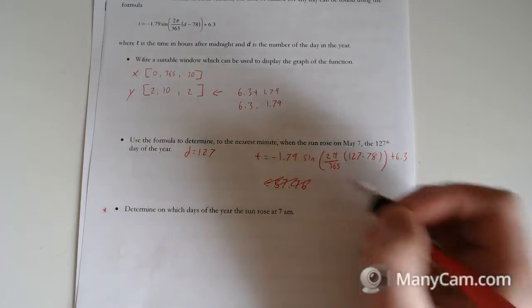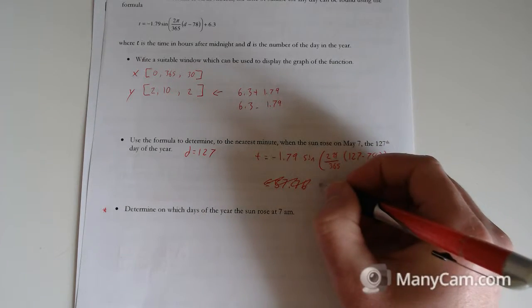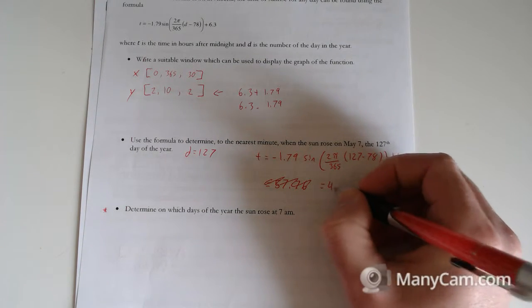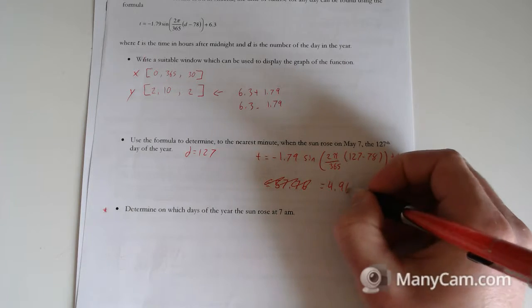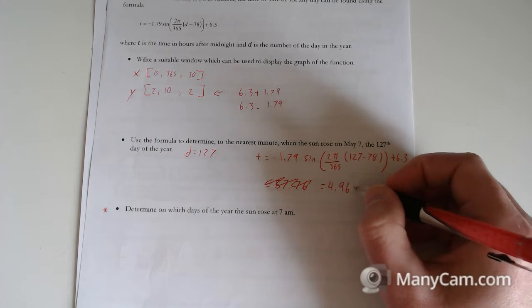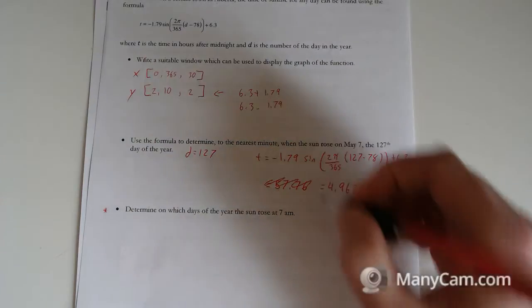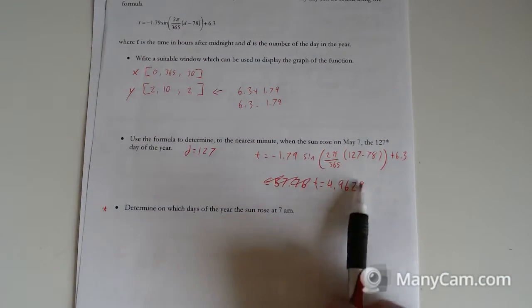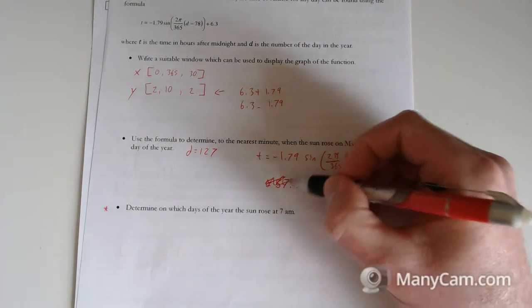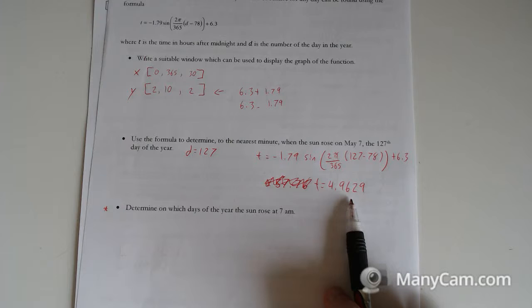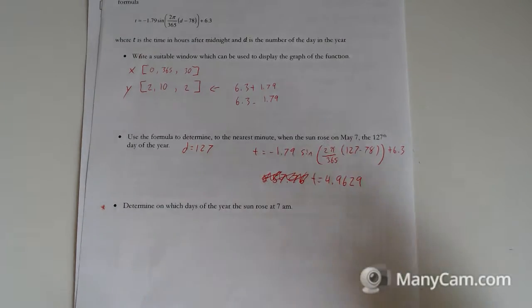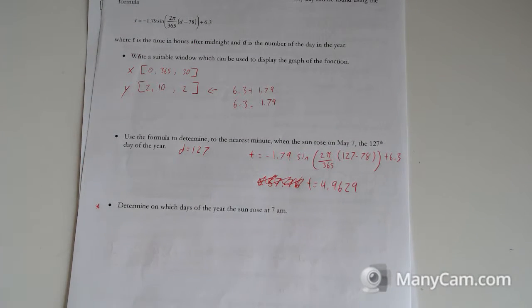Sorry, that's not right. 4.9629. Something like that. That was one step further. So again, we need to turn this into time. So it's 4 hours, and what is 96th of the way to the 5th hour?